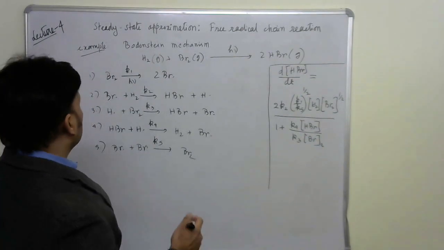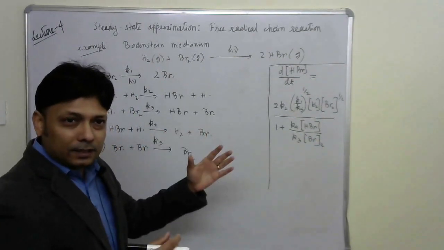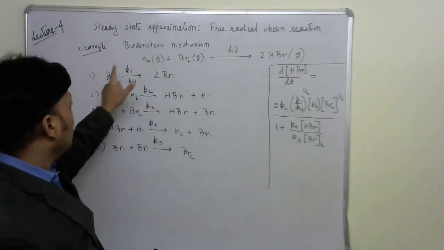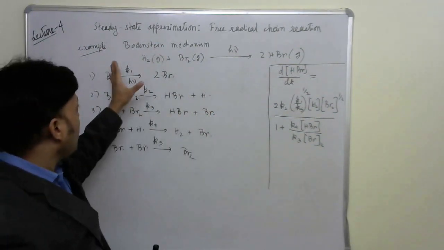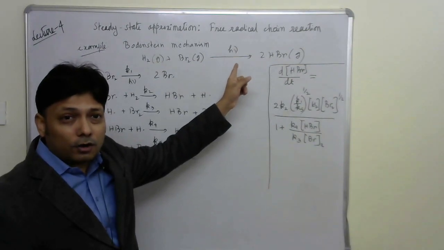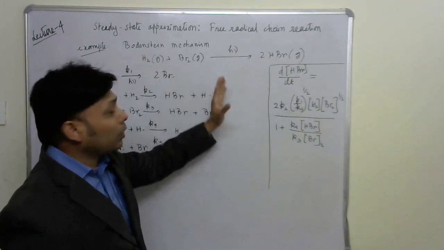Okay, so welcome to one of the most classically studied free radical reactions. That is the formation of gaseous hydrogen bromide from hydrogen gas and bromine gas, and this happens under photocatalysis. So this is a photochemical reaction.